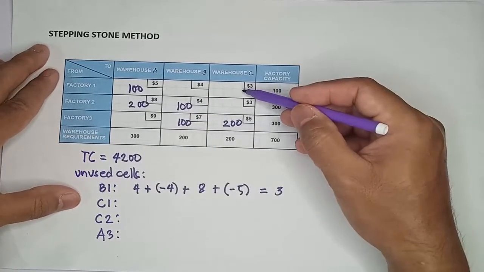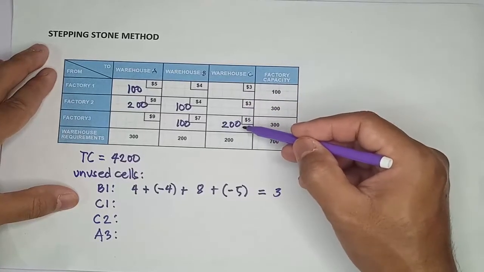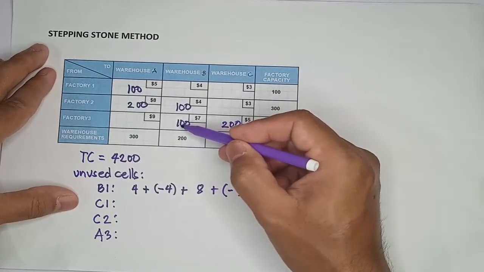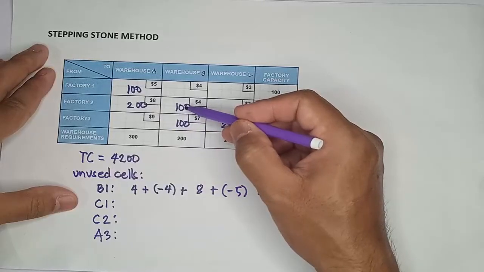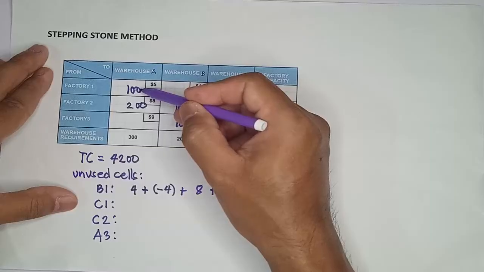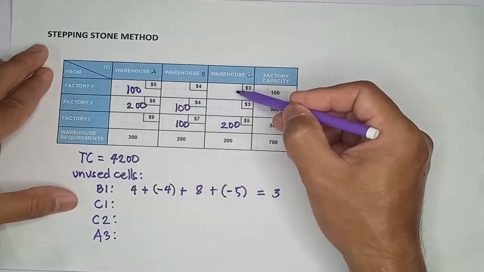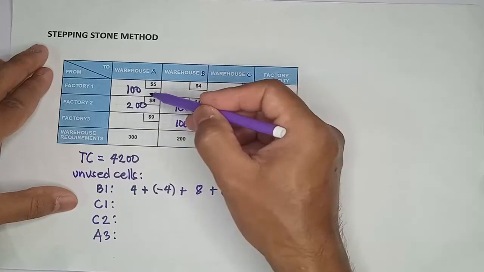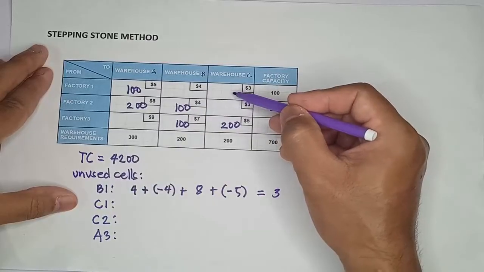For C1, its loop is from C1 to C3 to B3, going to B2, and A2 to A1, going back to C3, going back to C1.